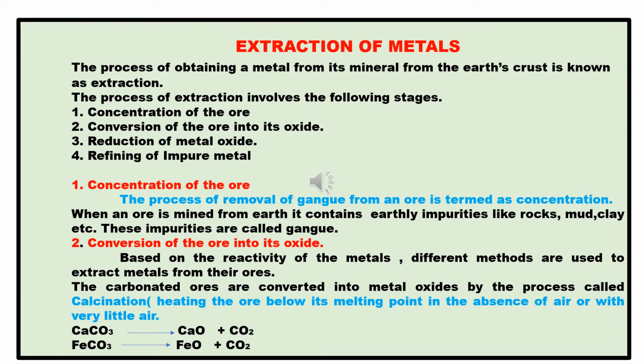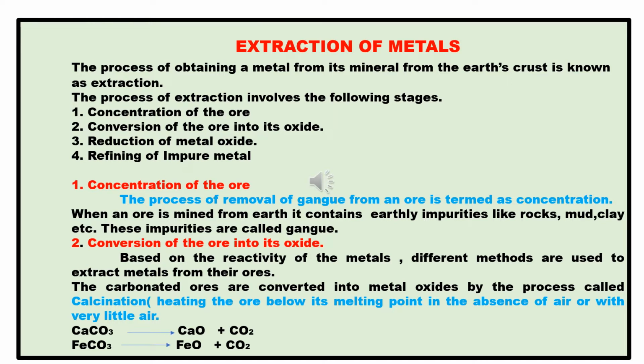The first one is concentration of the ore. The process of removal of gangue from an ore is termed as concentration. Gangue means impurities.